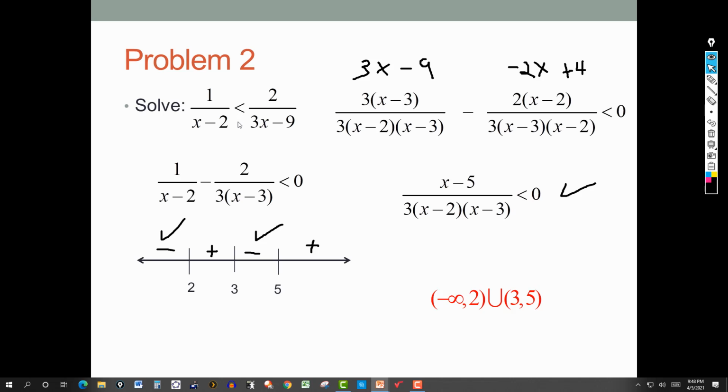But keep in mind that when you have a fraction, you cannot have a number as a solution that makes the denominator 0 because it's undefined. Okay, so the only one that would have a bracket in this type of problem is if you have the less than or greater than or equal, and that number makes the numerator 0, not the denominator, because the division by 0 is undefined. So in this case, this is your solution.